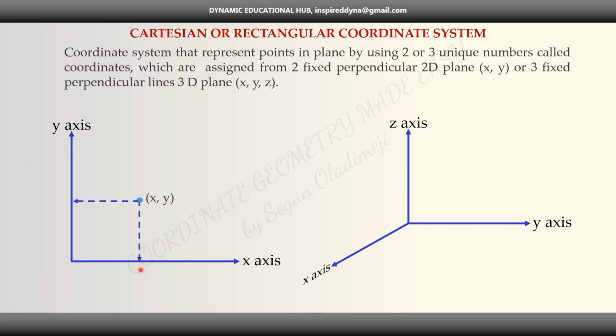Now for 3D Cartesian coordinate system, we are going to have 3 references. So we are using 3 reference axes, which is you have your X, Y, and Z. Mind you, the axes are perpendicular to each other, which means we are going to have 3 different planes.